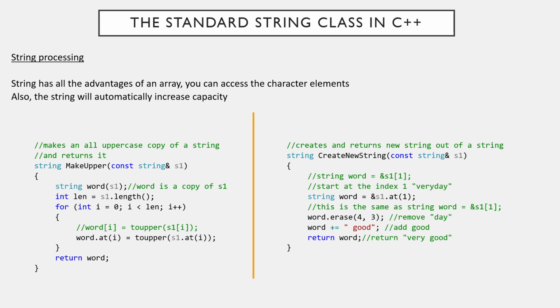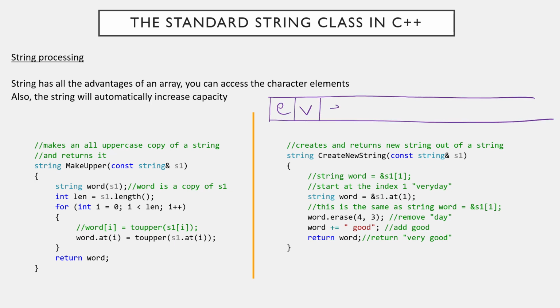So, for example, if you have a word, this string is "every day," I guess that's what this example is talking about. I would write it out like this: E, V, E, R, Y, D, A, Y, null character.